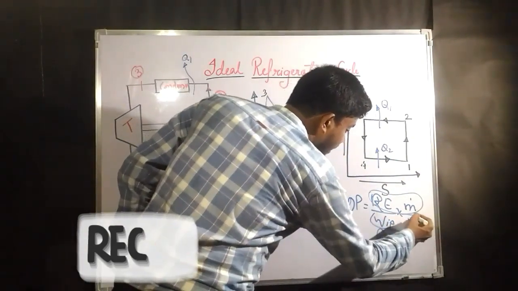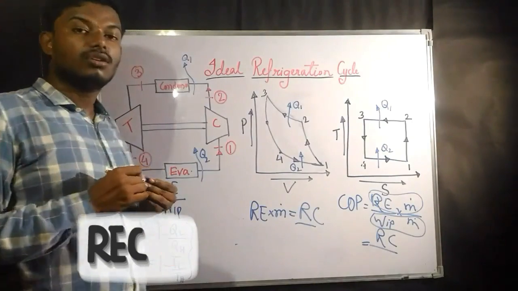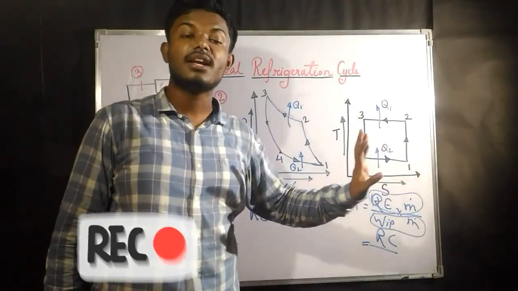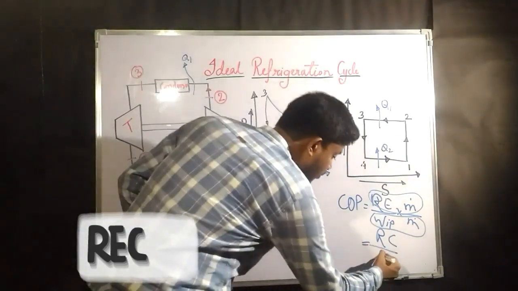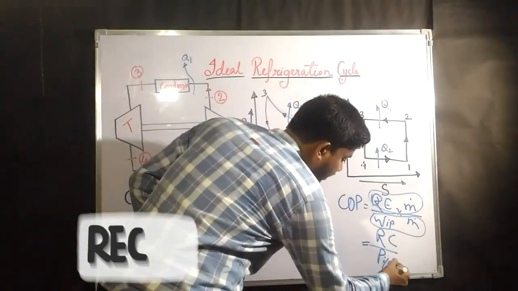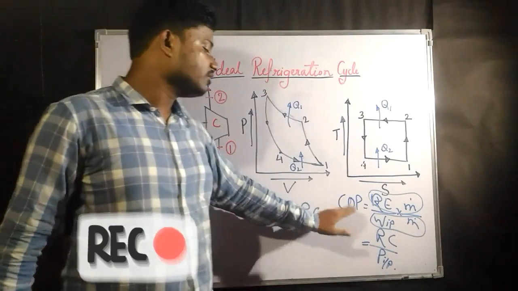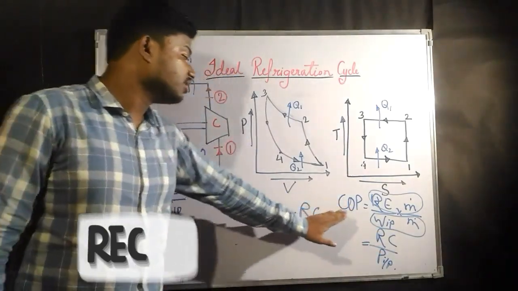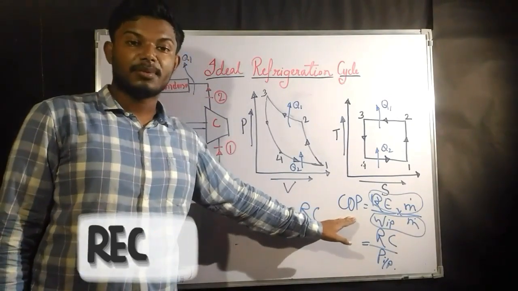And we have told earlier also that work input into mass flow rate is nothing but power input. So you can also find it like this: COP is RC divided by power input, that is going to give you the coefficient of performance.